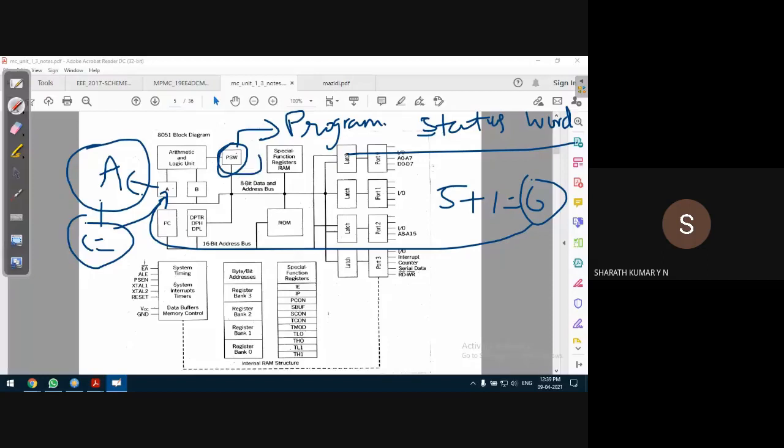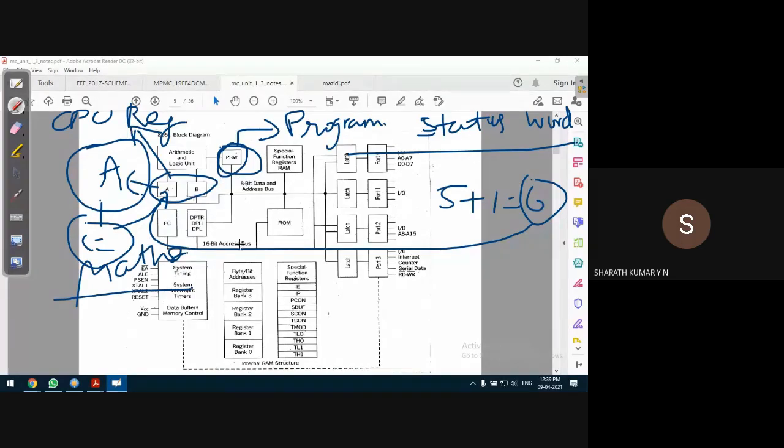This is internal memory. Program status word is a register. As the name suggests, it is a register which is part of the internal memory. A and B are also registers. Some authors call them CPU registers, and some authors call them math registers. Why math register? Because it is used to perform arithmetic and logical operations.